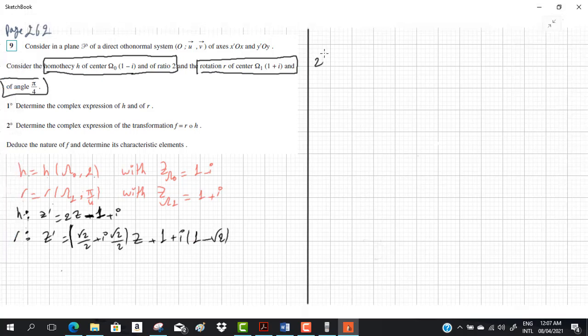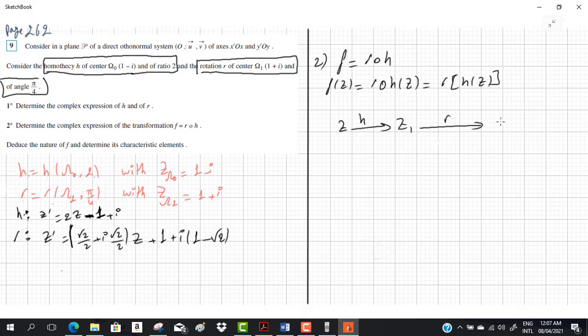Part 2 بقلنا determine the complex expression of the transformation F equal R round H. Okay, R round H يعني F of Z equal R round H of Z equal R of H of Z. يعني كل Z نعمل عليها application لل H بتصير Z1 بعدين لل R بتصير Z prime.